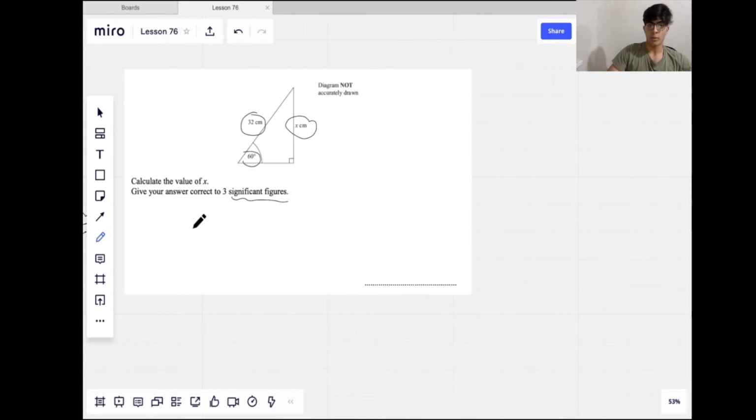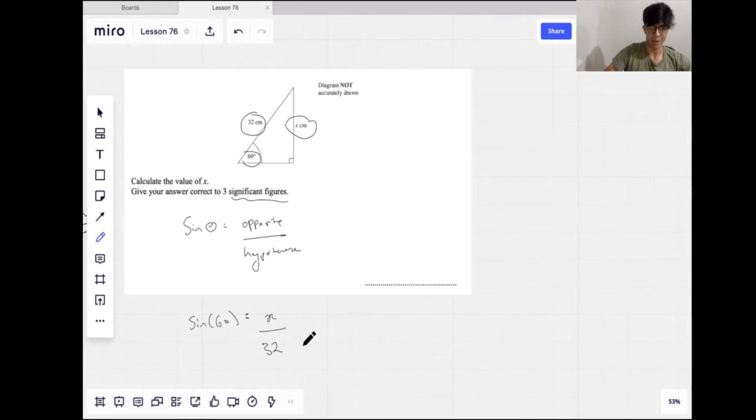And if we remember, sine of theta is equal to opposite over adjacent. Not adjacent, hypotenuse. Excuse me. And in this case, if we put theta as 60, we say sine of 60 is equal to opposite, which is x, divided by hypotenuse, which is 32.